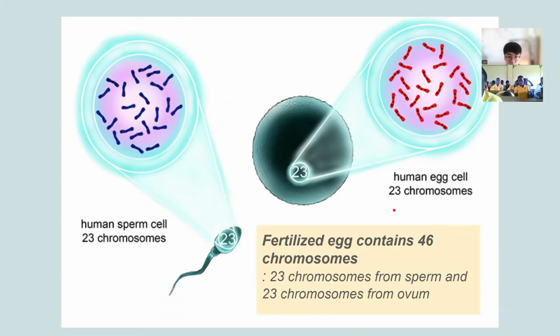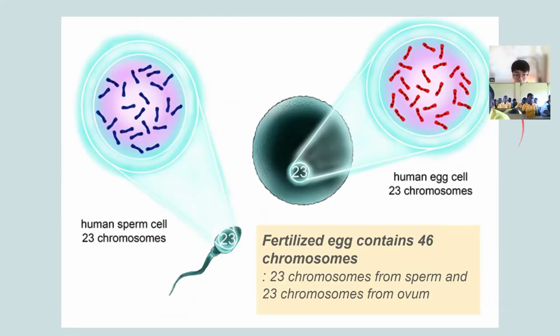So let's look. Of course, first, remember how fertilization occurs. The sperm cell has 23 chromosomes. So this is 23. The human egg cell has 23. And when fertilization occurs, this combines. So it adds 23 plus 23.